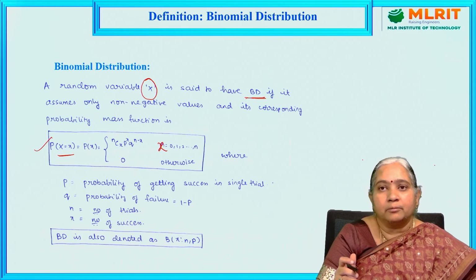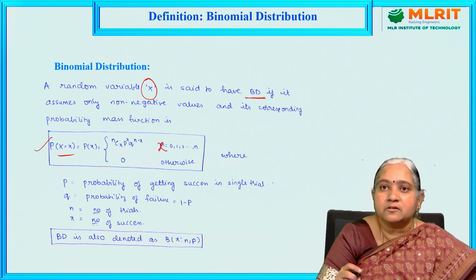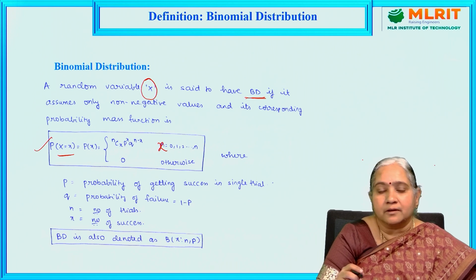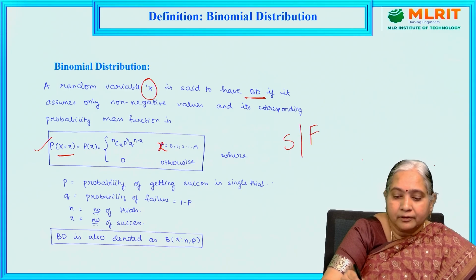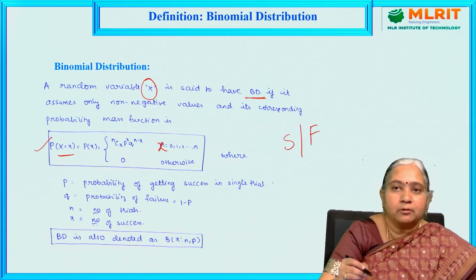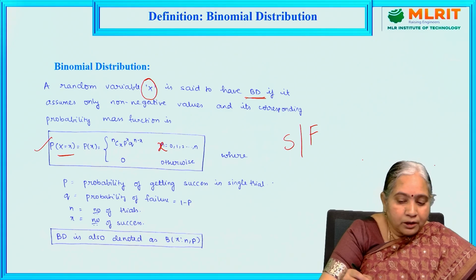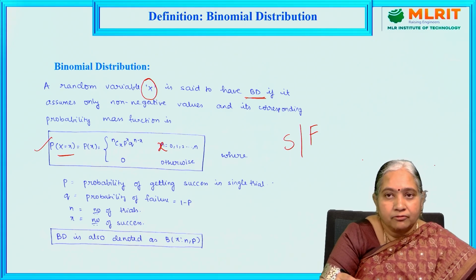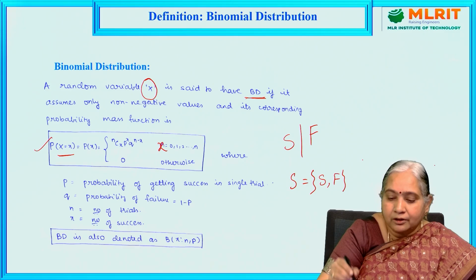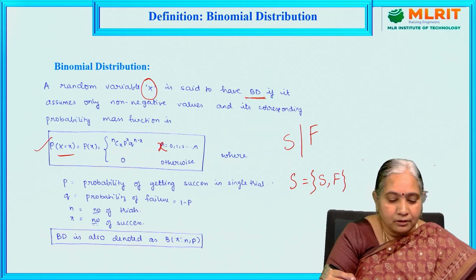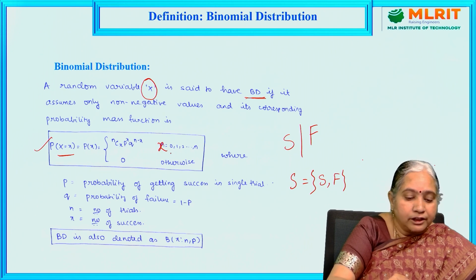In binomial distribution, we take the sample space as only two outcomes, either success or failure. That means the random variable takes only success or failure as the outcomes. So this is the sample space, S equal to either success or failure. So in binomial distribution, there are only two possible outcomes, and x takes the values 0 to n.